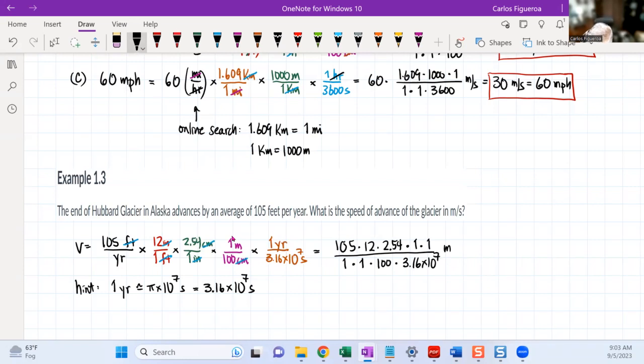And this now gives me meters per second. If I get this right, with 2 sig figs, I get 1.0 times 10 to the minus 6 meters per second. And this is the same as 105 feet per year.